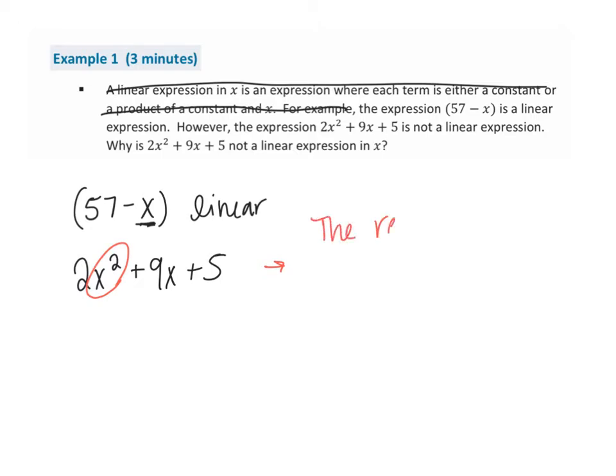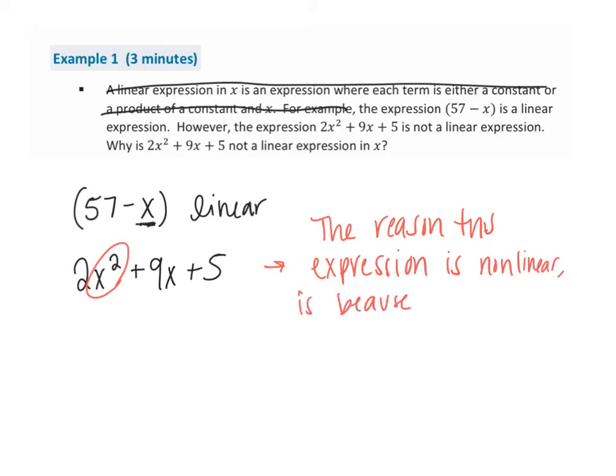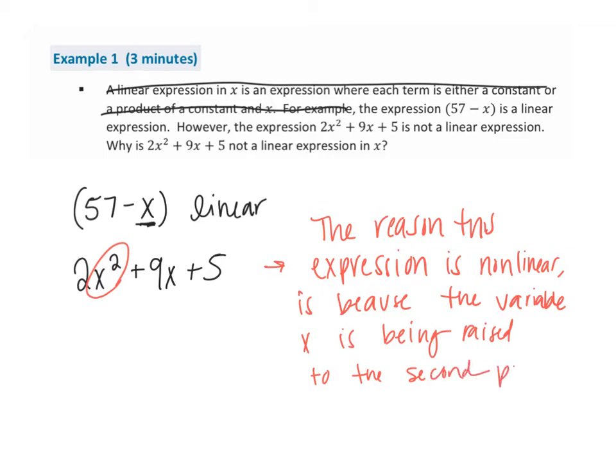The reason this expression is non-linear is because the variable x is being raised to the second power. And our rule tells us that the only way an expression can be linear is if it's raised to the 0th power or the first power. And that is clearly the second power right there.